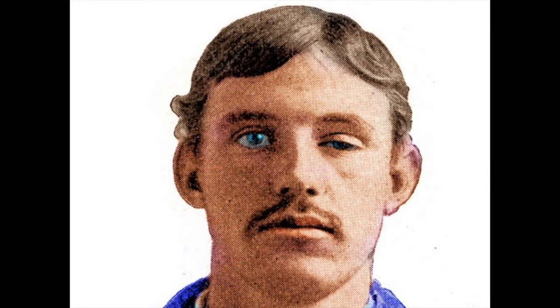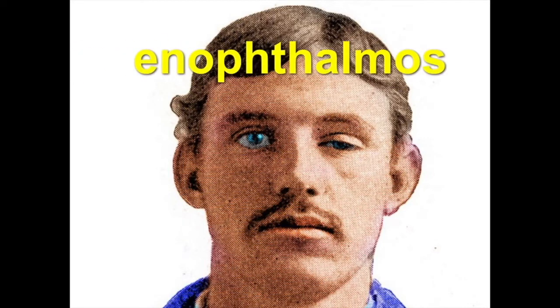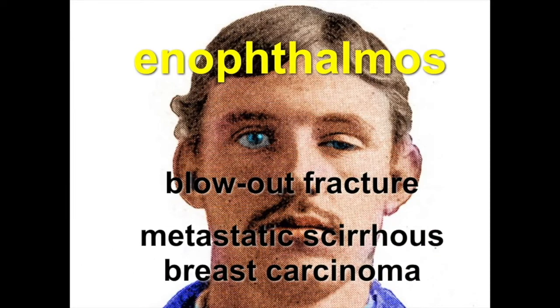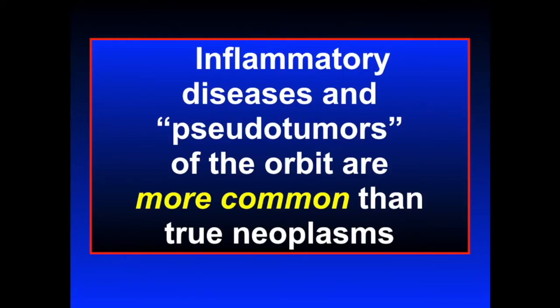Enophthalmos classically is caused by orbital blowout fractures. It may also be caused by scirrhous cancers like metastatic scirrhous breast carcinoma or malignant syringoma or microcystic carcinoma. In general, inflammatory diseases and pseudotumors of the orbit are much more common than true neoplasms.